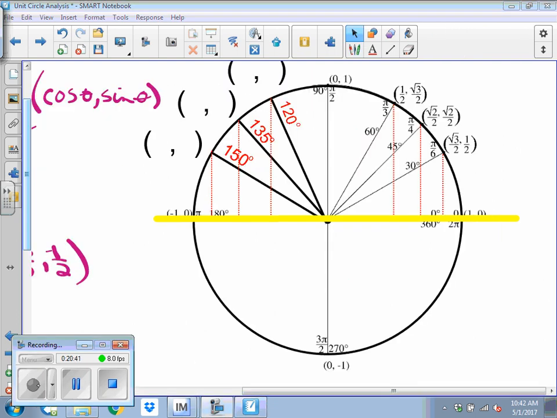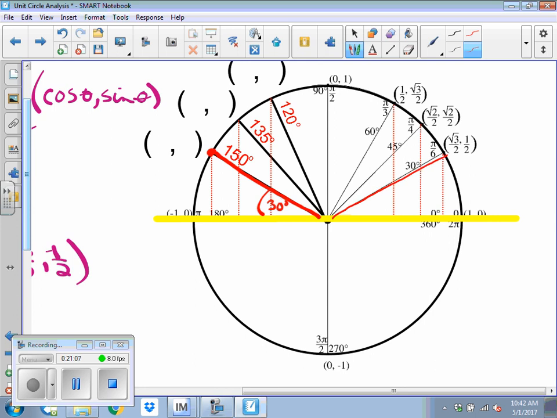Okay? So I showed you this 150 degree angle. The reference angle is 30 degrees. Does everyone see why? If this is 150 degrees right here, then this angle right here is 30 degrees. That's why we were doing reference angles. Because that 30 degree reference angle is the same thing as 150 degrees.